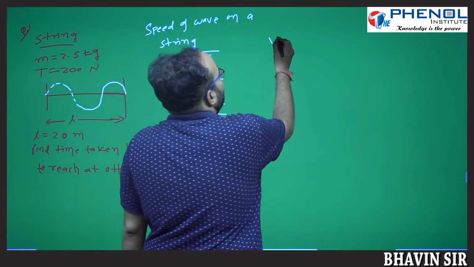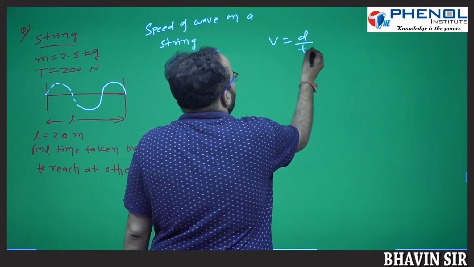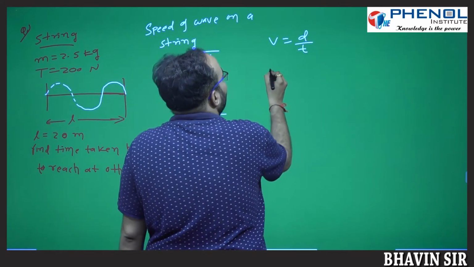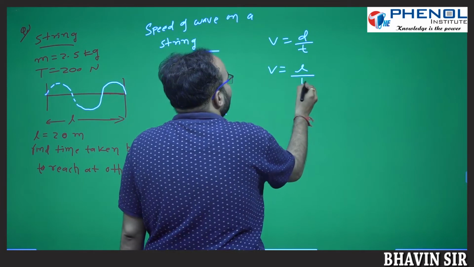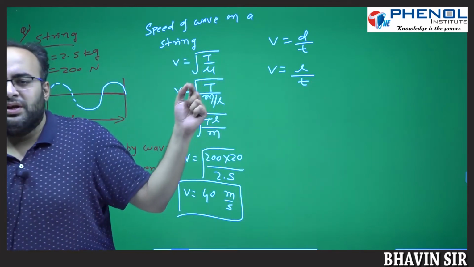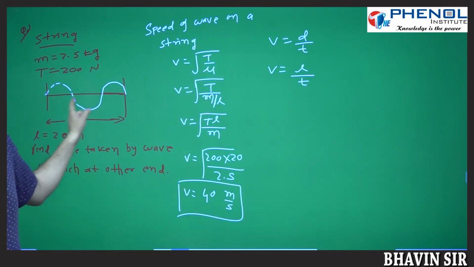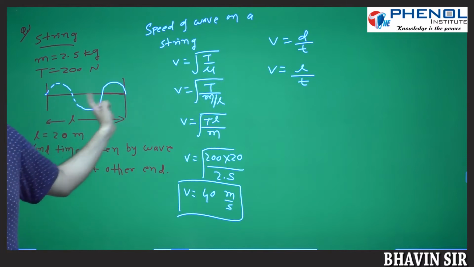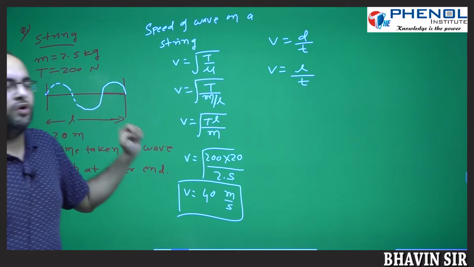Speed is equal to distance by time, and the distance traveled by the wave is equivalent to the length of the string.